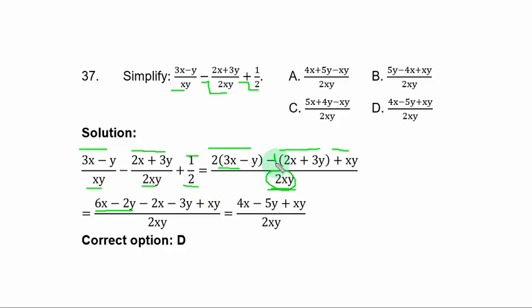For instance, minus 1 times 2s, you have minus 2s, minus 1 times plus 3y, you have minus 3y, plus sy. You add like terms, 6s minus 2s, you have 4s. Now, minus 2y minus 3y, you have minus 5y. sy has no common term, it appears the way it is. If you check the options, option D is correct.